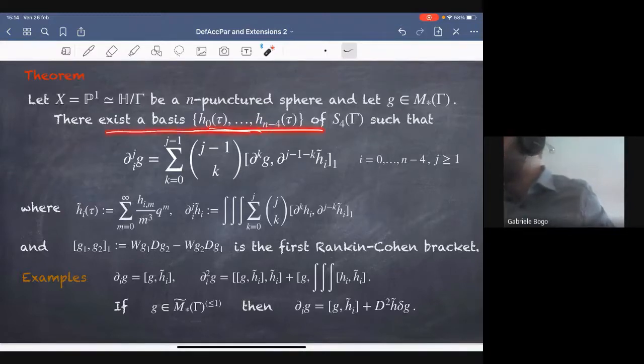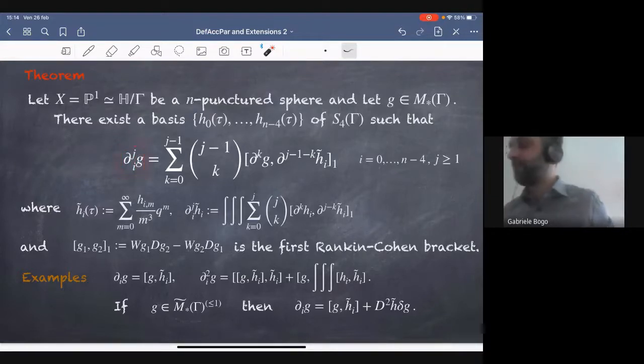There exists a basis of the space such that the derivation with respect to the deformation operator applied to the modular form G, which is defined in terms of the accessory parameter as I showed in the previous slide, is simply given by a combination of the first Rankin-Cohen bracket on the space of quasimodular forms, the deformation of G of order smaller than j, and the deformation of certain Eichler integrals.